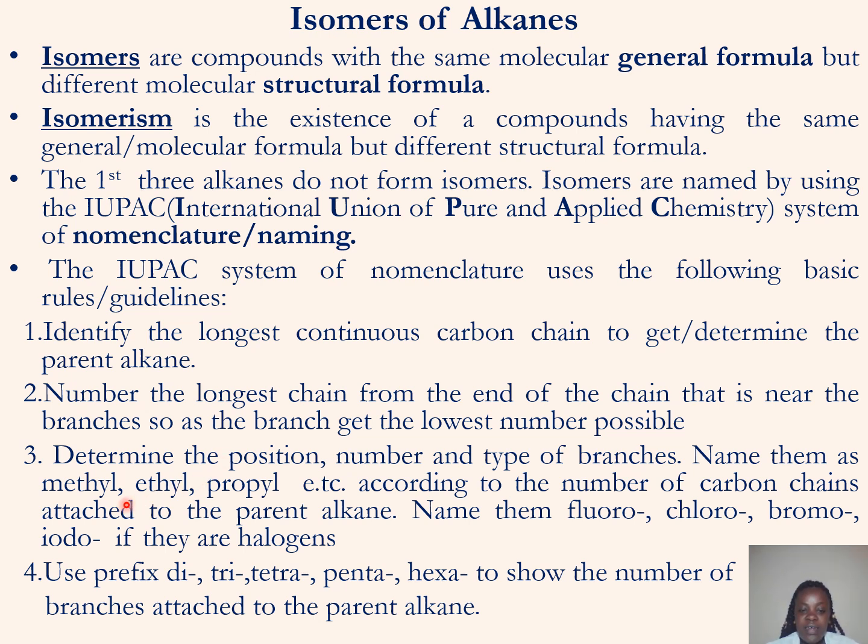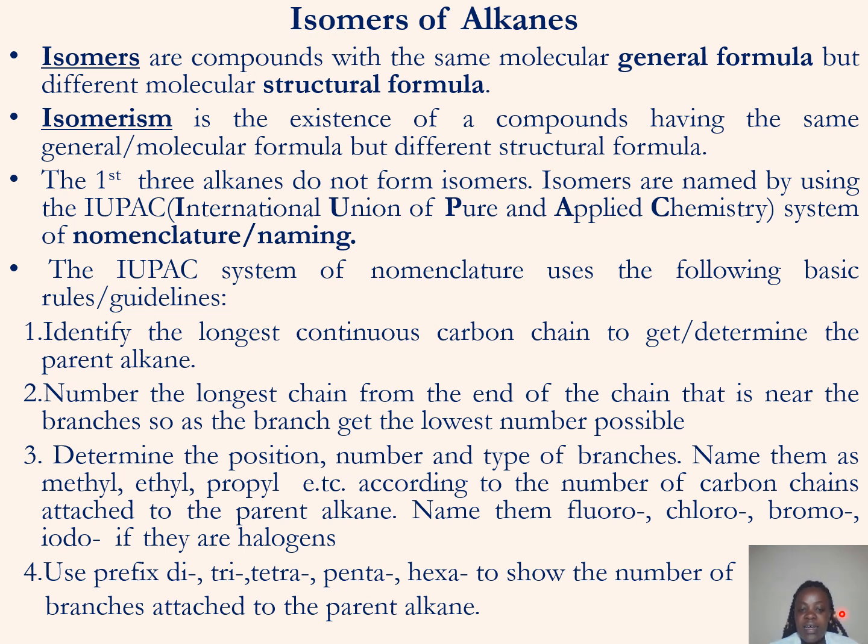Then step number 3 is to determine the position, the number, and the type of the branch. Then we name these branches. For example, if it is an alkyl group, you can name it methyl, ethyl, propyl, butyl, and so on.